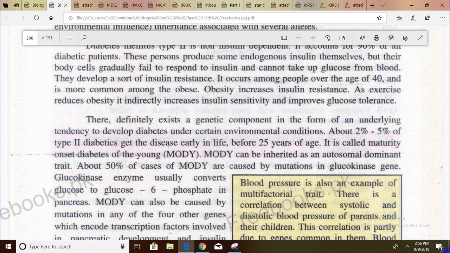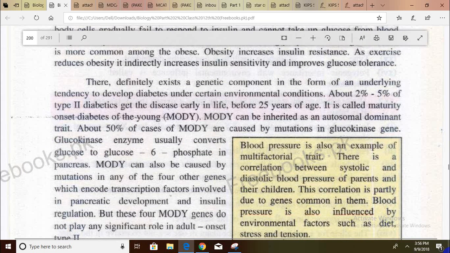There are other 4 genes which encode transcription factors which are involved in the development of the pancreas and insulin regulation. But these 4 MODY genes do not play any significant role in adult onset type 2.